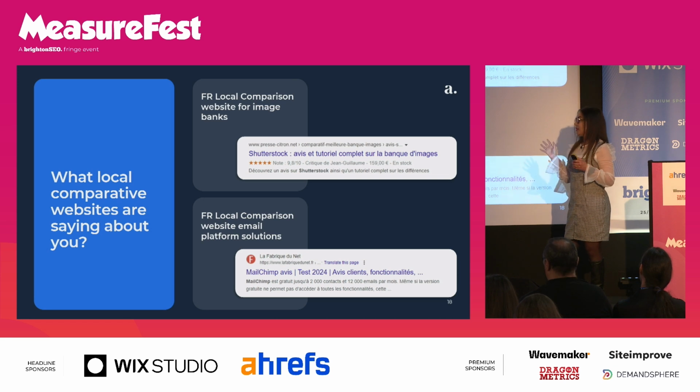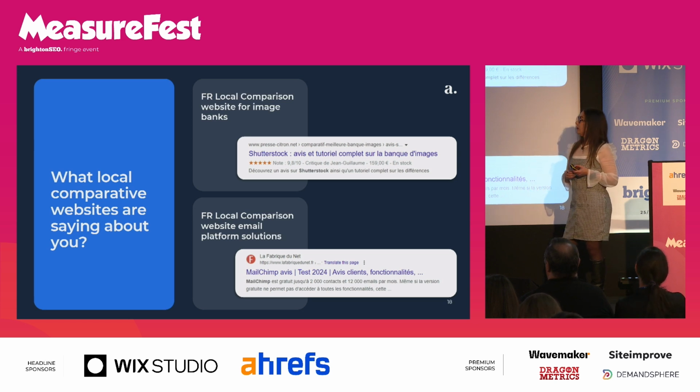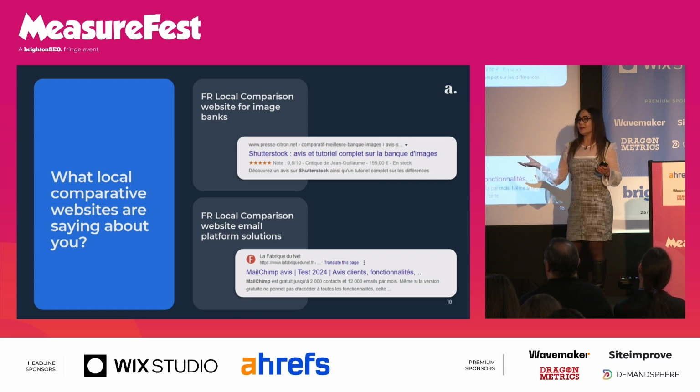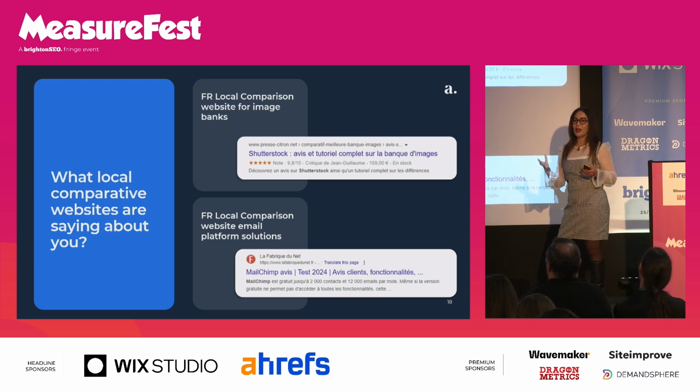And another thing, looking at what is in the SERP, in the SERP neighborhood, is also very useful. Looking at what others are saying about your company in those target markets is very useful as well. There's a popular thing in France, comparative websites. They talk a lot about different brands, they try products and different brands and they compare, and you could find lots of insights about your own brand in those.